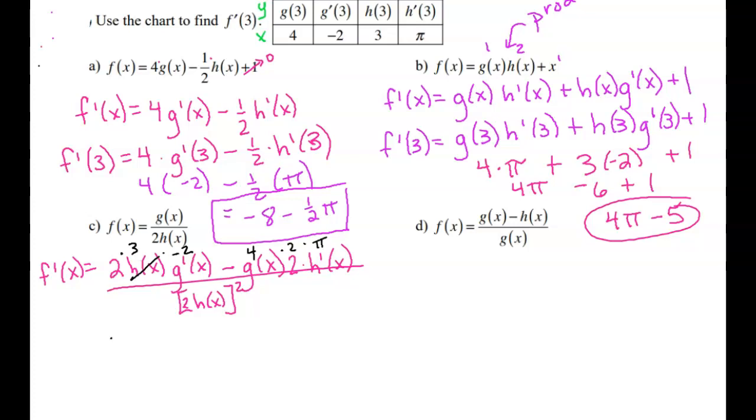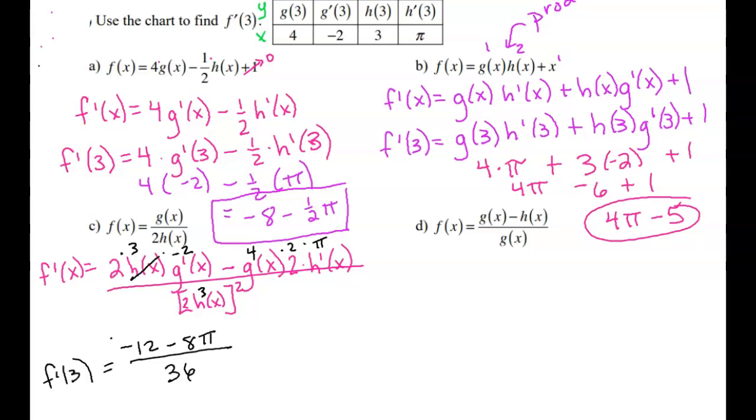And then h of x is 3. So I get 2 times 3 times negative 2 is negative 12. 4 times 2 is 8 times pi. All over, what's that? 6. 6 squared is 36.